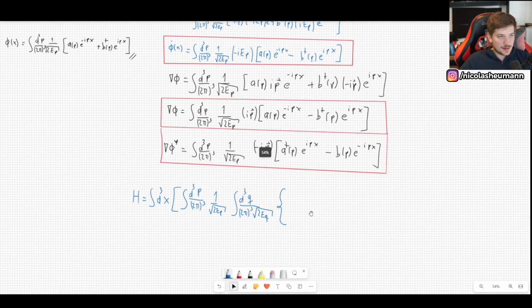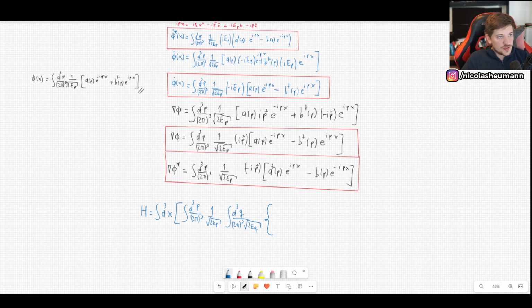Now let's plug it in. So we have this thing. We have iE_p times a dagger_p e^(ipx) minus, just to make notation faster, I'm not going to write it in parentheses, I'm going to write it as a subscript, like that. So e^(ipx) minus b_p e^(-ipx).